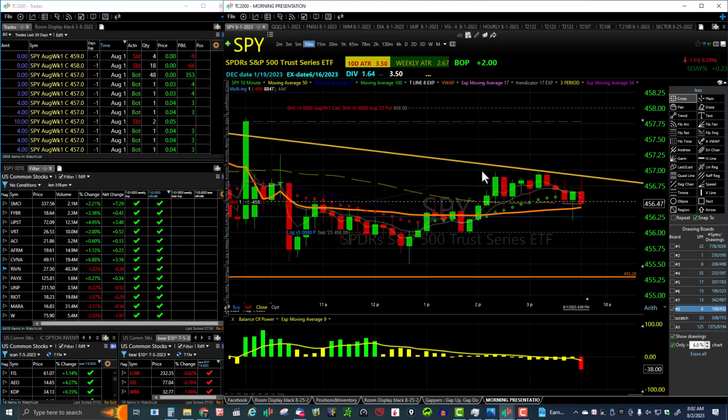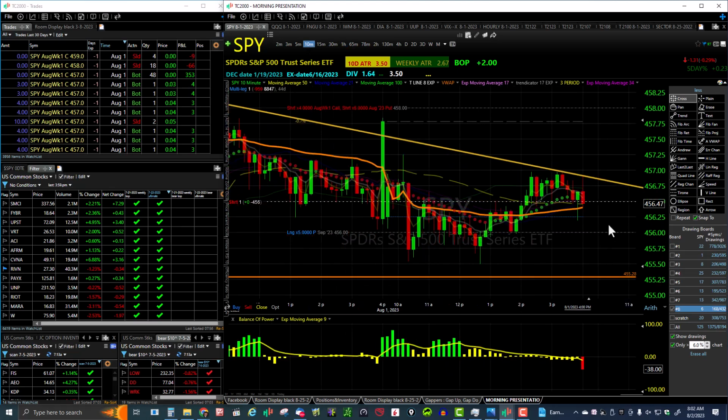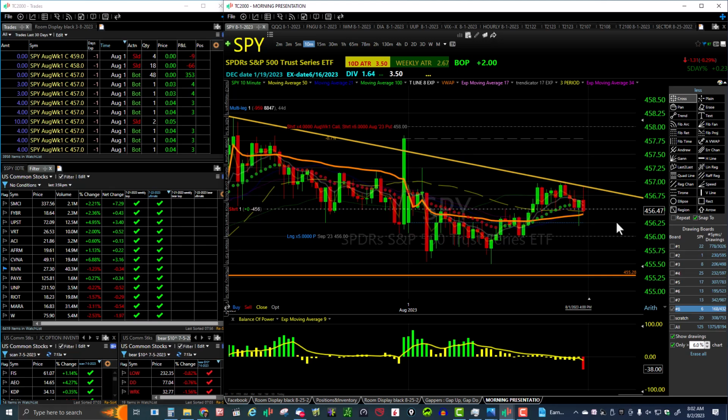How I got that, drill down to the 10-minute. And I'm looking for the area where price traded in and around. So if I put my crosshairs up, it's right about here, 456.40, right about there.